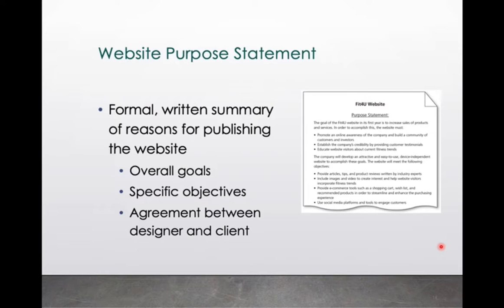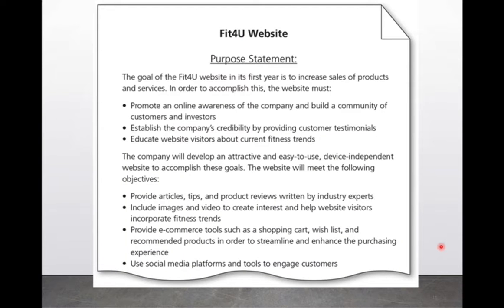So then the website purpose statement. And this, in my opinion and in my experience, is usually just a really brief 2 to 3 sentences that summarizes the whole reason for doing this website. So here's the one for Fit for You, and it's got quite a lot, but in my opinion, you already established all of these points about your goals and objectives.